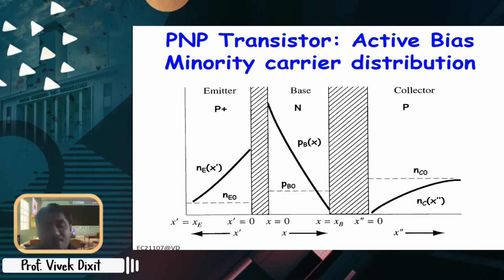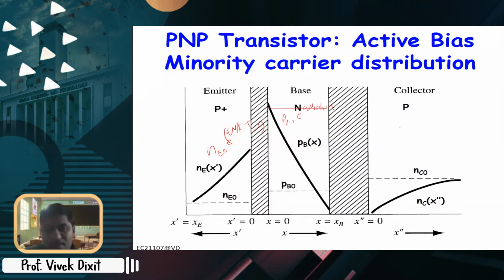Now this concentration value is given by Ne naught exponential qV by kT, and if you want to write delta n, then you put minus 1 here. Similarly, this is Pb naught exponential qV_EB by kT, and if you take the difference, delta p, then you add minus 1 there.